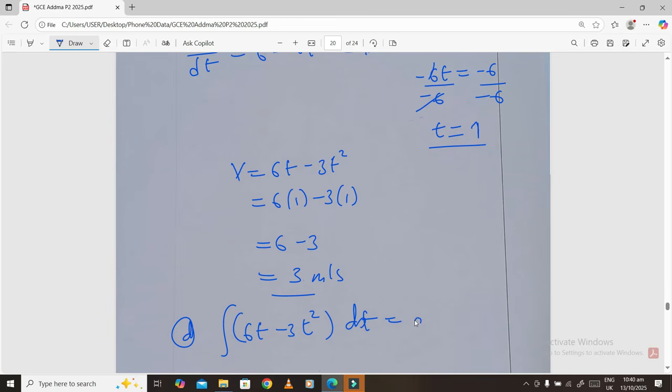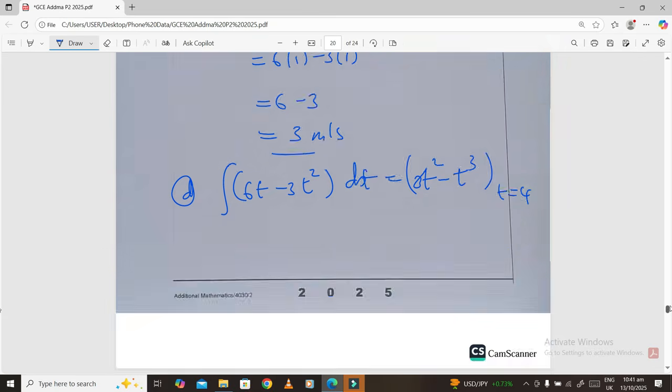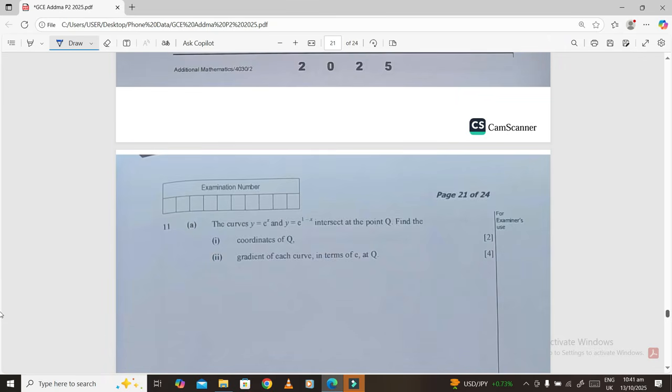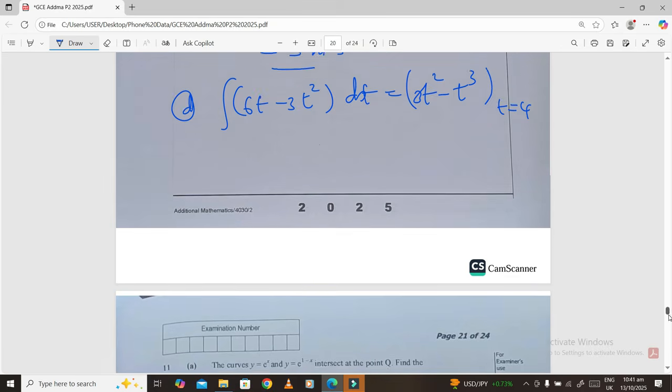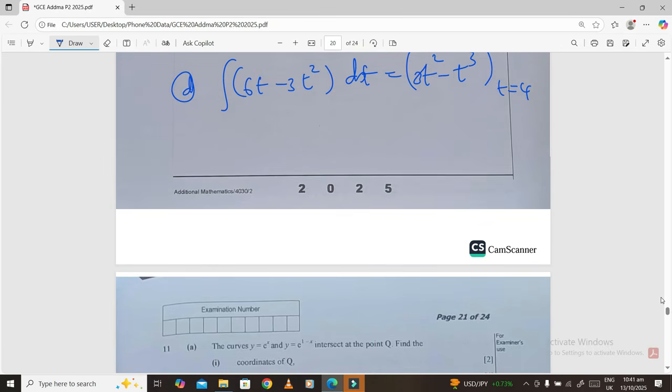So this will give us 3t squared minus t power 3. We know that t is equal to 4. I'm just integrating here. There's nothing complicated that I've done. When t is equal to 4, we just substitute 4 where t is.